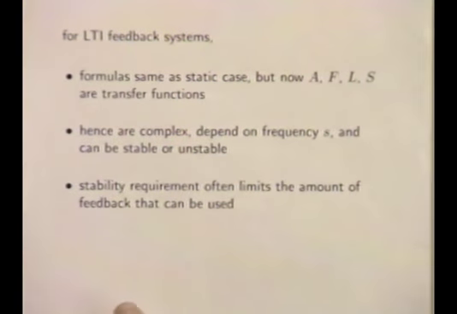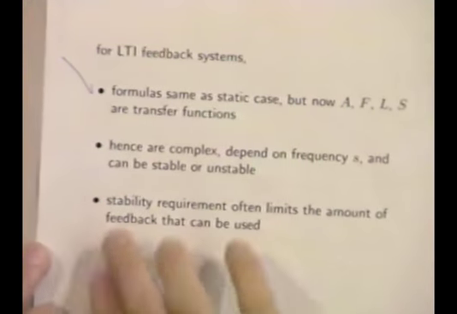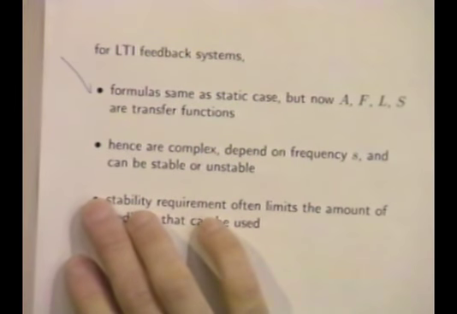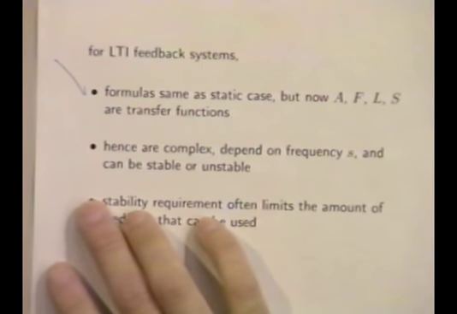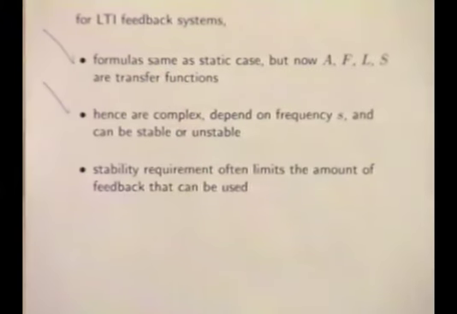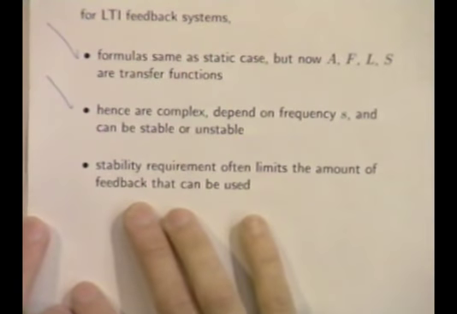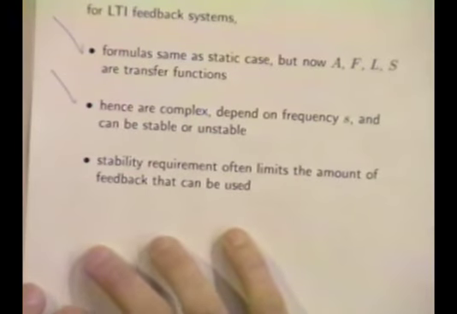That's the first statement. Then we mentioned that we run the risk of making the system unstable, a notion that we didn't have for the static case. And finally, the note that the stability requirement often limits the amount of feedback that can be used.